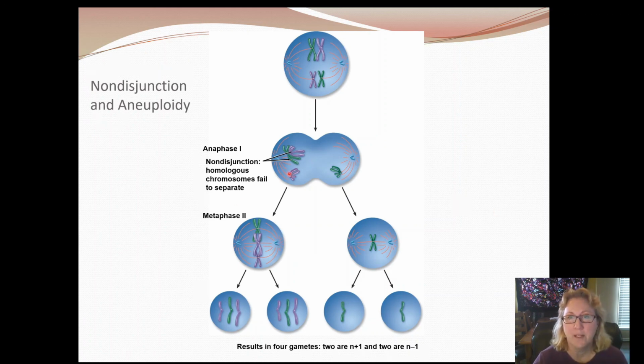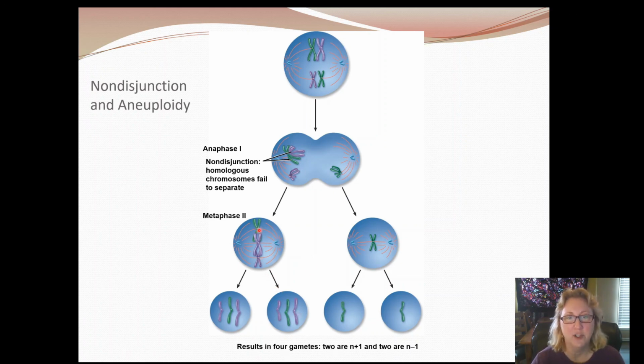So here we see a cell that's going to go through meiosis, and it has two pairs of chromosomes, the pairs of homologous chromosomes lined up for the first division. The homologous pairs separate, but one pair remains stuck together, and so two chromosomes go to one daughter cell, and the other daughter cell now has no copies of that chromosome.